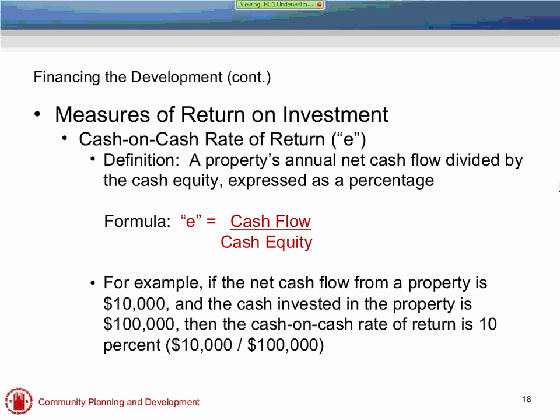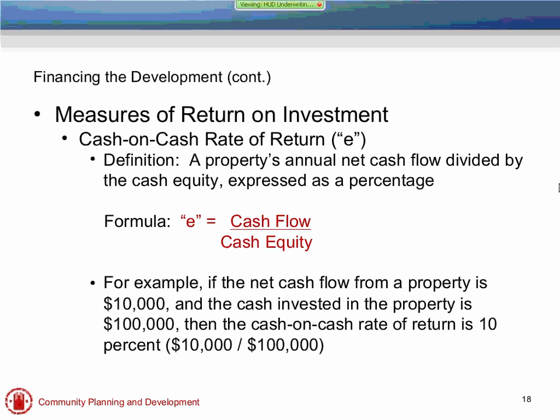So in this particular example, if you have $10,000 in cash flow, that's money that's left over out of rents after you've paid operating expenses and debt service, and let's say that the owner has invested $100,000 of his or her own money, has $100,000 of equity in the project, then the cash-on-cash rate of return is 10%.